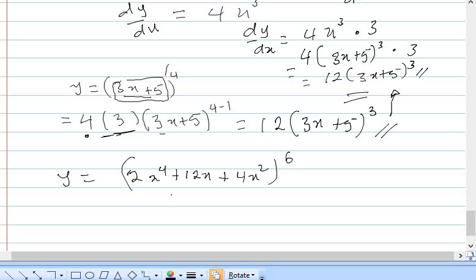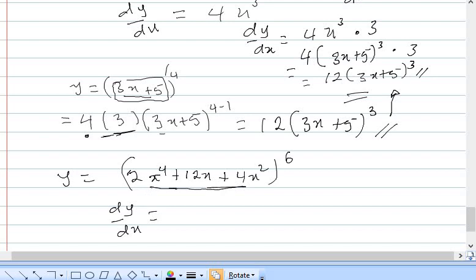So you have to find the differential of this. Simply, you can say the differential of this with respect to x. We take the differential of the parentheses, whatever is inside the bracket, the whole of this.